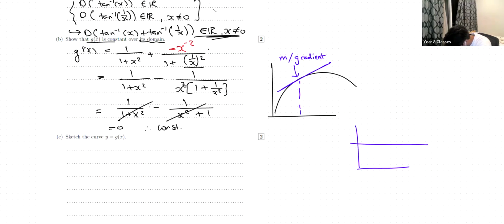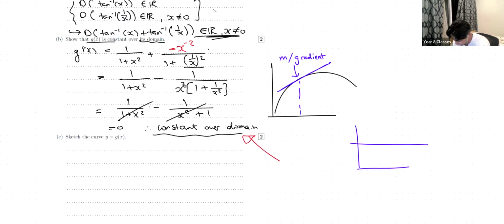This is correct. For most questions this is enough, but there's one last thing that is not required for this question, but will be for others. You need to show or state that it has no discontinuities.